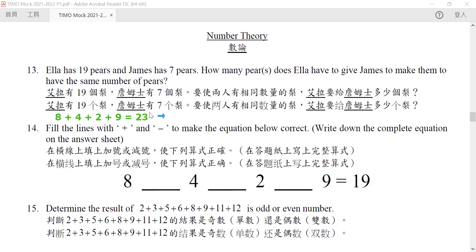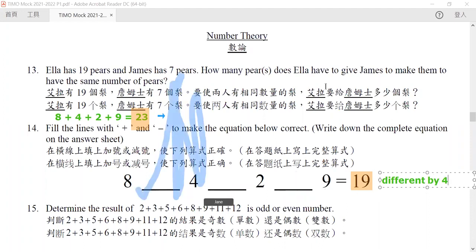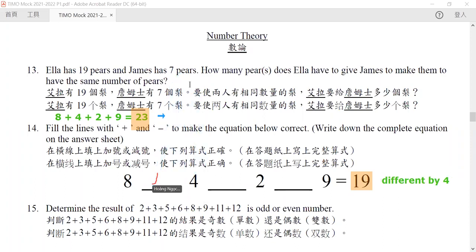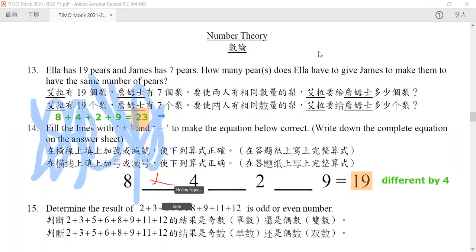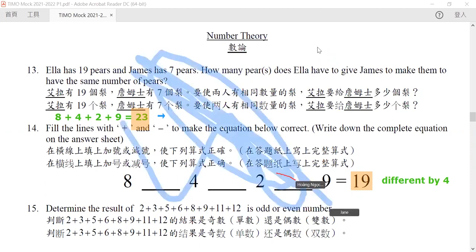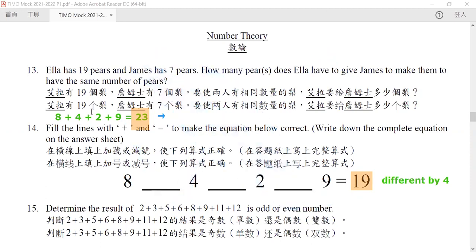Now, in here, we can see that the number 23 is different from the number 19. They are different by 4. So this difference, you can have only if you convert the sign of one of these numbers from plus to minus, and it will only happen if that number is half of the difference, since the change is twice the corresponding number.